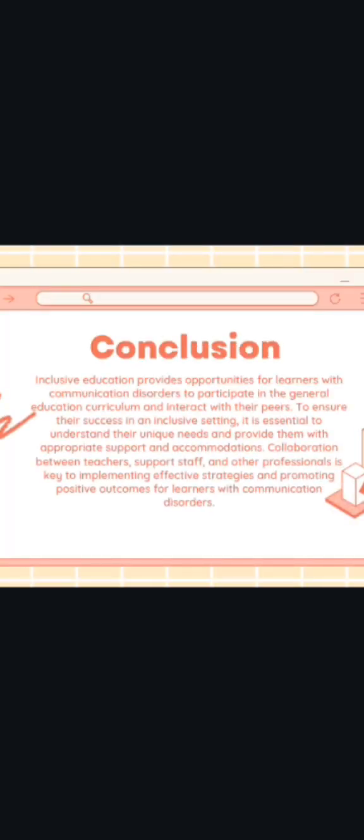In conclusion, learners with communication disorders face various challenges in an inclusive setting that can impact their academic and social progress. However, with the right support and accommodation, they can achieve academic success and develop positive social relationships.